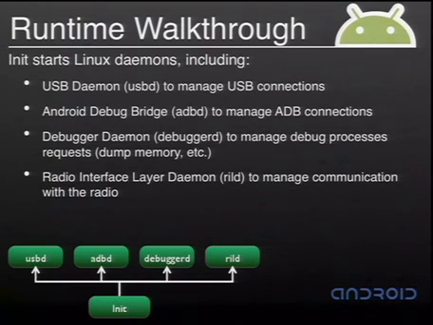They would sit on top of the hardware abstraction layer and run and listen on sockets for things like USB connections or an Android debug bridge or ADB connection, the debugger connections, and also the radio interface layer daemon, which will sit on top of the radio baseband and interface with the baseband modem.